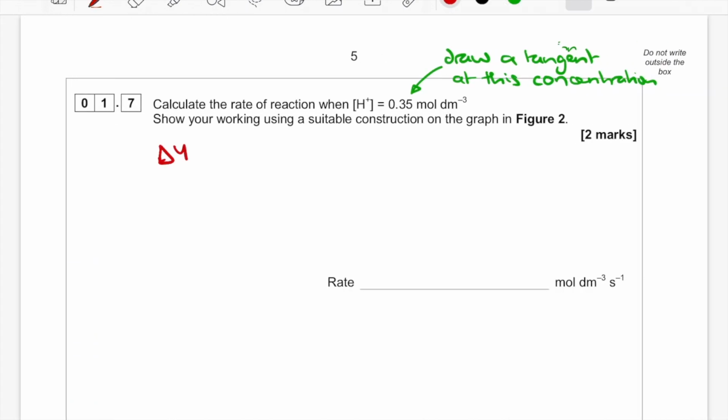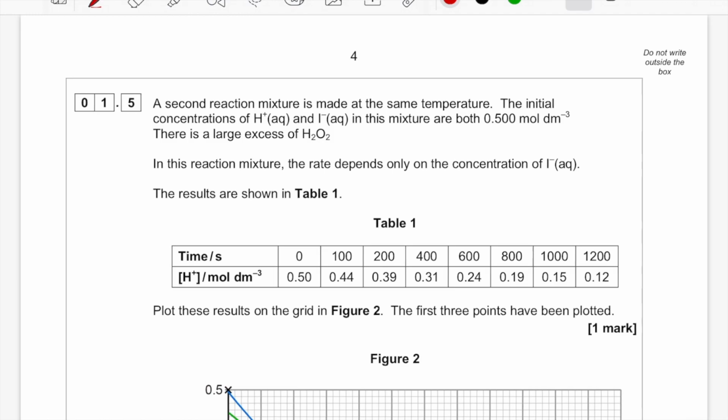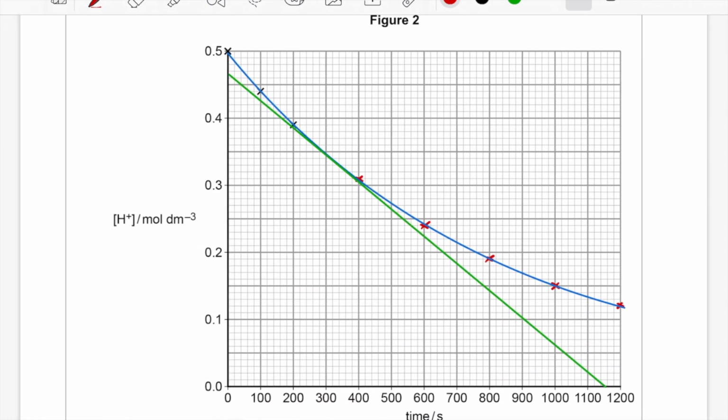So delta y over delta x. Now, you can see it's a negative gradient, but I'm not going to put the minus value in this time. I've hopefully explained that you don't really have negative rates in reactions like this, so you just ignore the negative values. But I am recognizing it is a negative gradient.